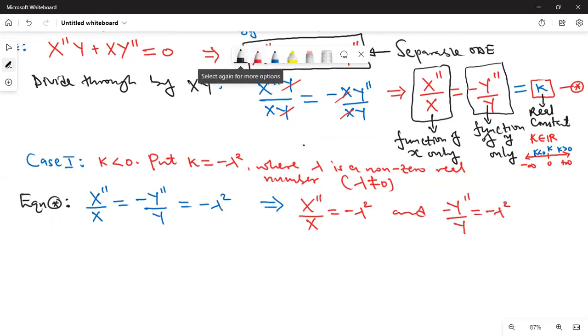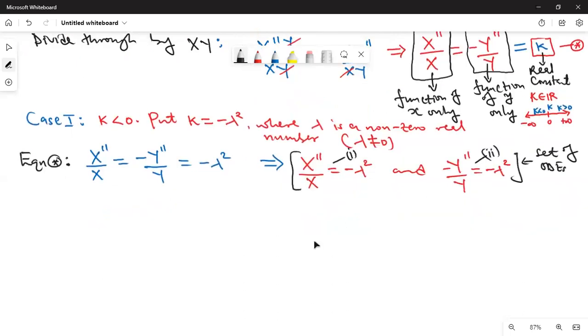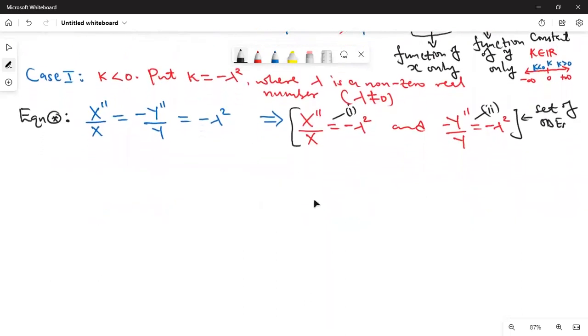So these are a set of second order ODEs. Let's call this equation 1, and this one equation 2. We are going to solve those equations using the D operator method.